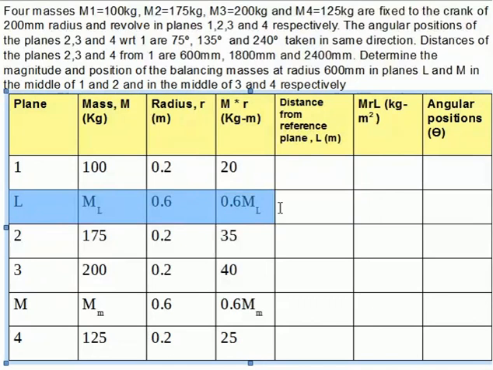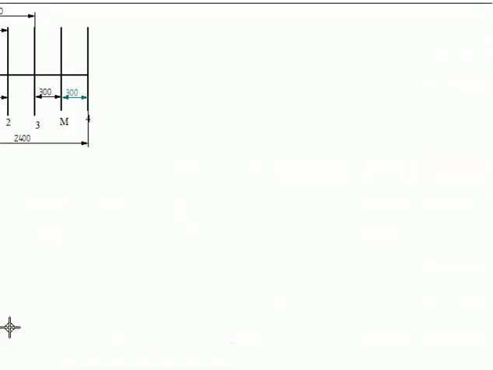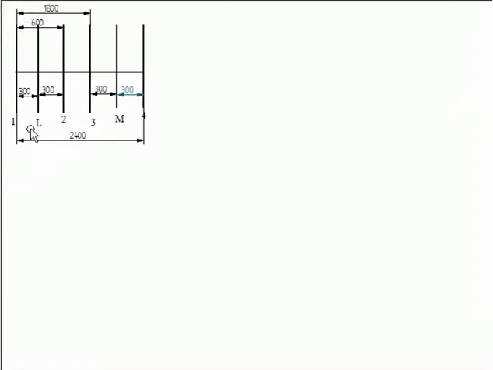So this is the reference plane. You have to write the distance of each plane with respect to plane L. And remember, while measuring distance, if some distance is measured towards the left side, that will be negative. If some distance is measured towards the right side, it will be positive. So if you measure towards the left side, that will be negative.